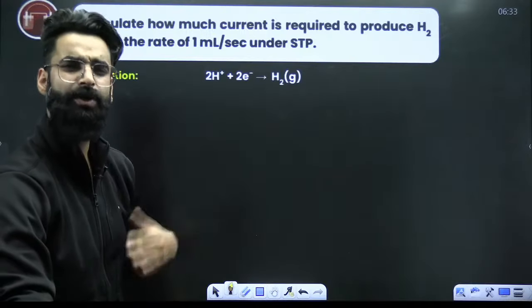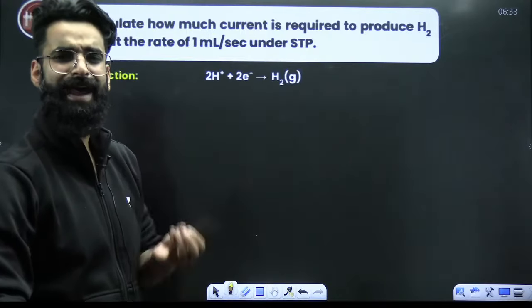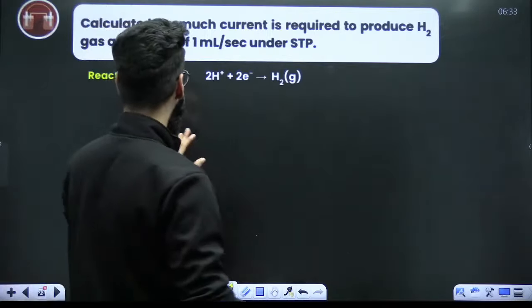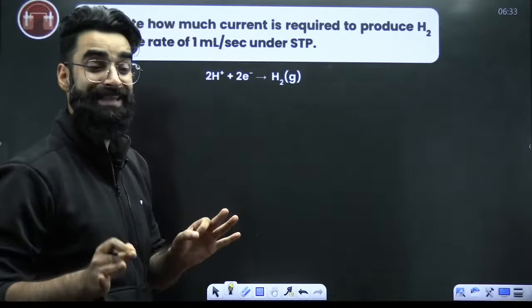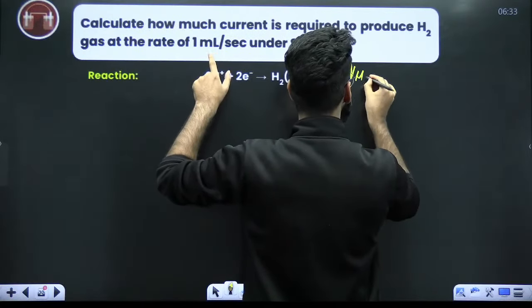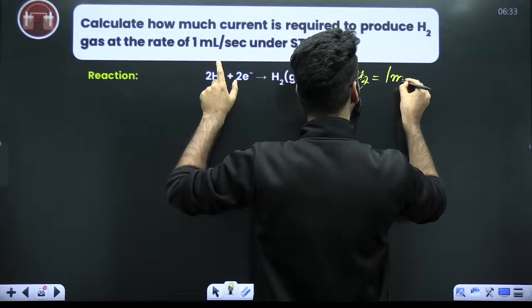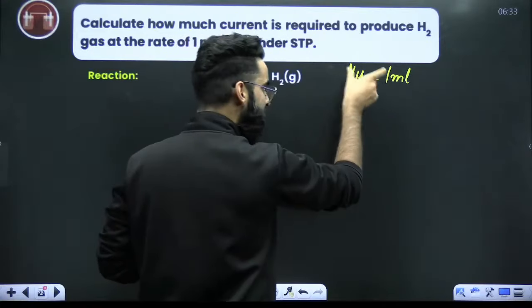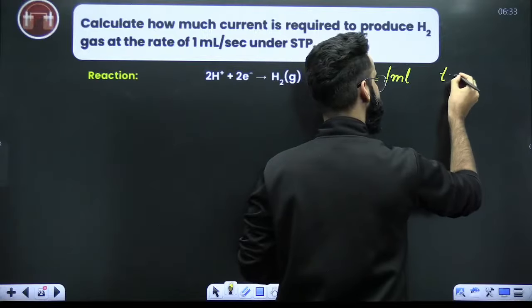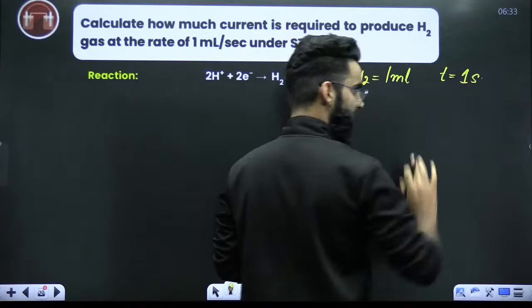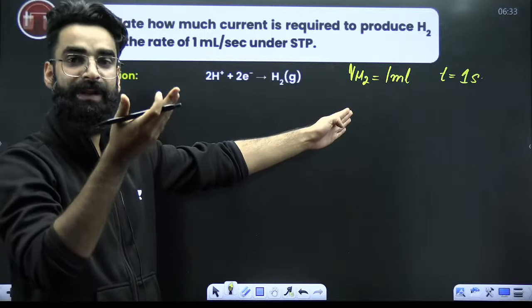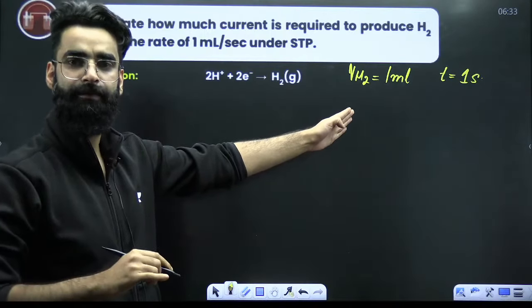We are doing some electrolysis, due to which H2 gas is getting produced. Now, as per the question, we have to do electrolysis in such a way that 1 ml of H2 gas should be liberated in 1 second.